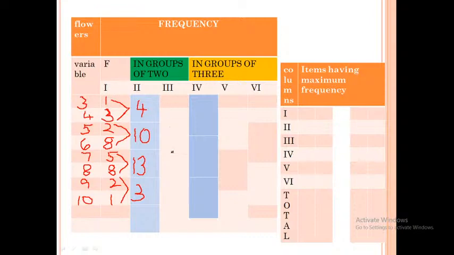In the third column, groups of 2 have to be made, but ignoring 1. So here 3 and 2 will be selected. 1 will not be taken. So 3 plus 2 comes to 5.